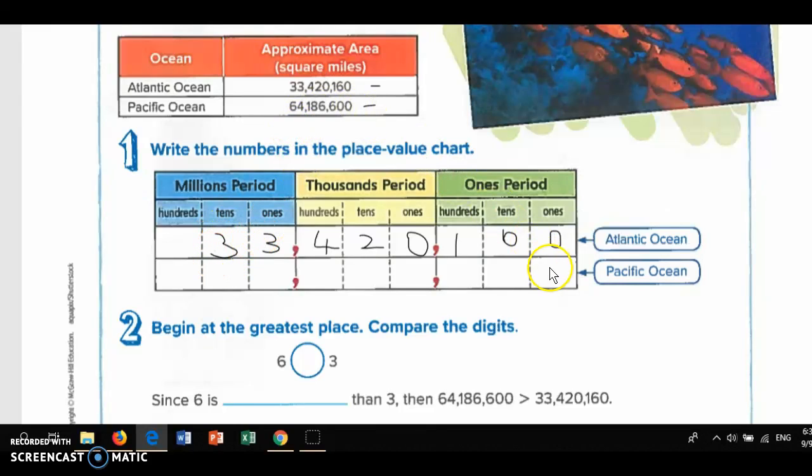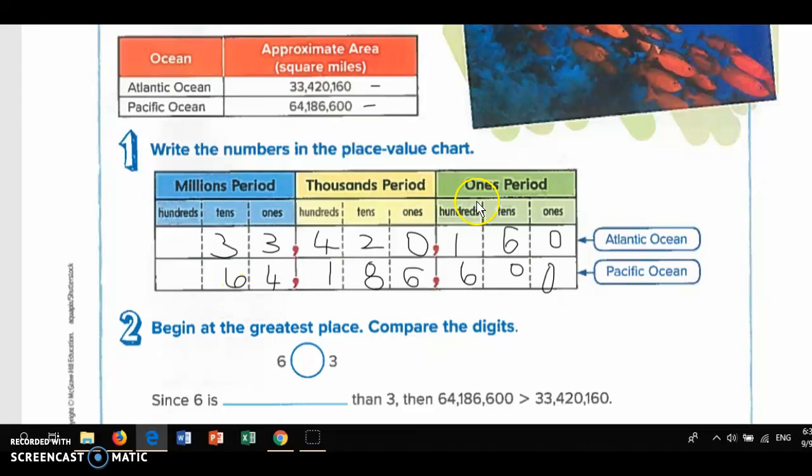And the next number, 0, 0, 6, 6, 8, 1, 4, 6. Let me just fix that 6. That 6 looks funny. 6. Right. Now, begin at the greatest place and compare the digits.